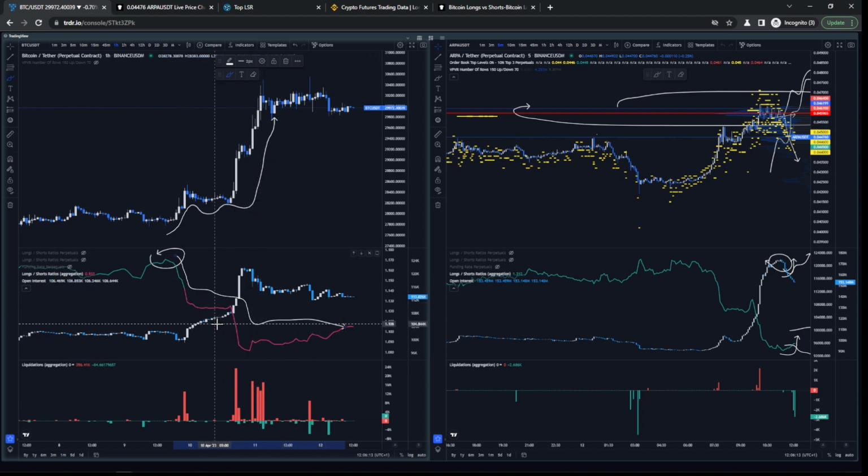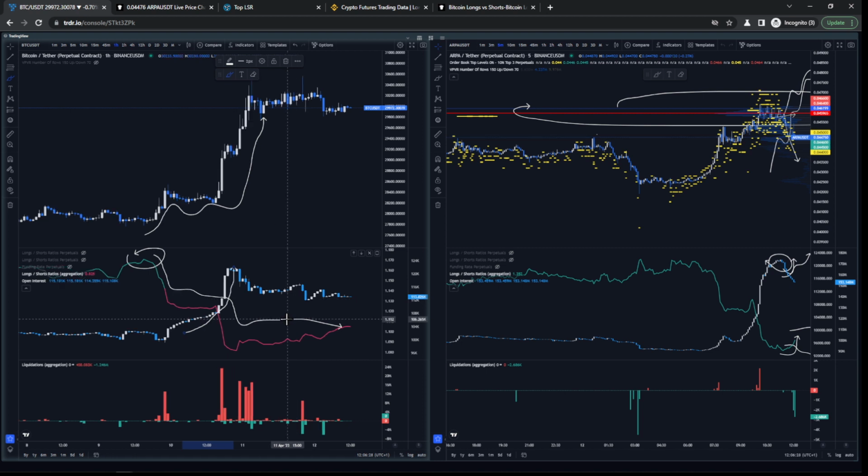So people push contracts, the open interest keeps rising, and the price keeps going up. So that's why we use open interest and long short. That's why it's so important to us. We use these together.